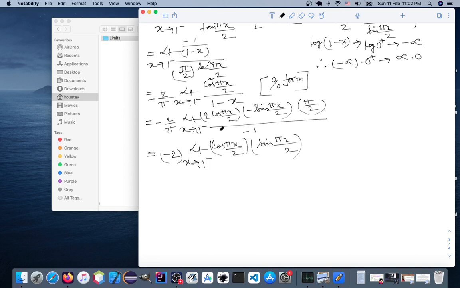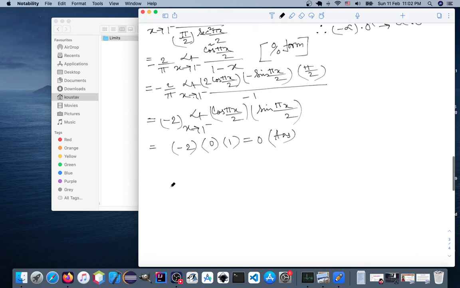Cos(pi x by 2) as x tends to 1 minus is 0, and sine(pi x by 2) as x tends to 1 minus is 1. So this is basically 0 times 1, which equals 0. So 0 is the answer.